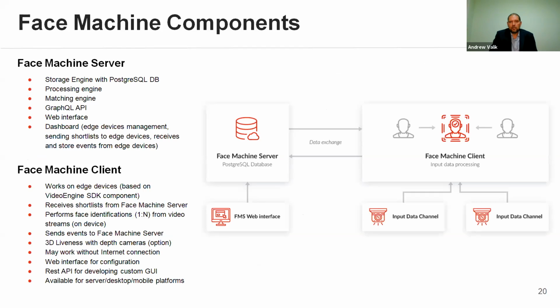And this is how the FaceMachine components work. FaceMachine server uses the PostgreSQL database engine, and it contains a processing engine to encode input images when you enroll faces in the database, and a matching engine: when you input a new face into the database, it searches against the database, and you have a search list for each face.